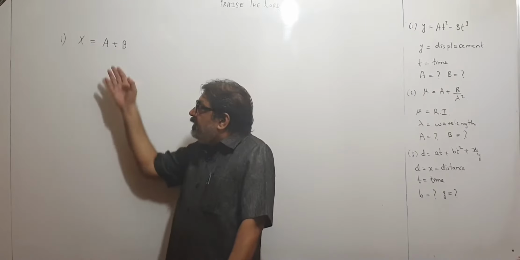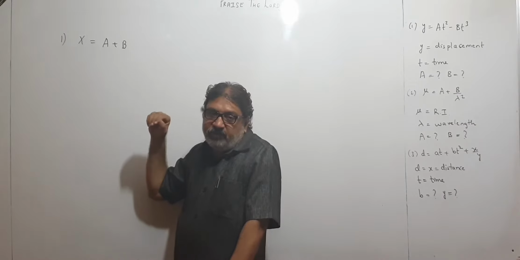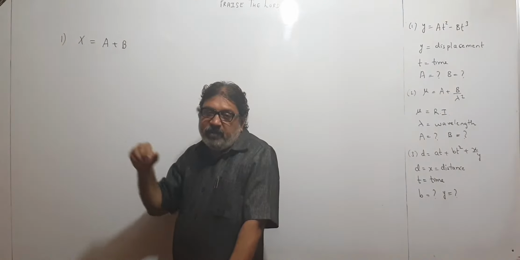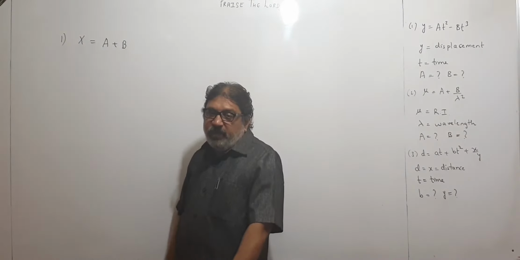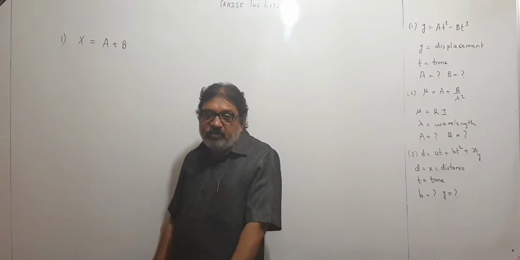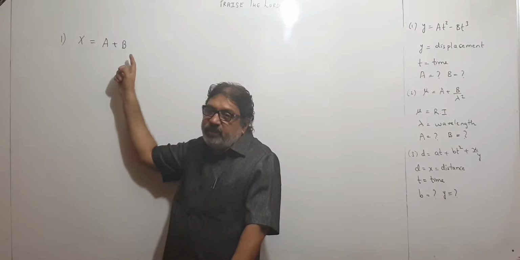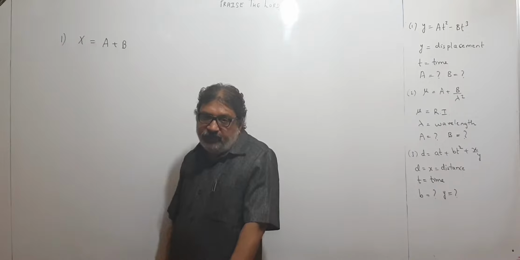I cannot add apples with oranges, I cannot add horses with donkeys, only horses can be added to horses, apples can be added to apples, bananas can be added to bananas, things are like this. So please understand, when we are adding two physical quantities, their dimensions should be same. And whatever are the dimensions of a and b, those same will be the dimensions of x.